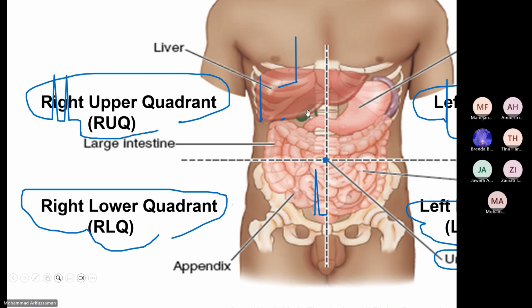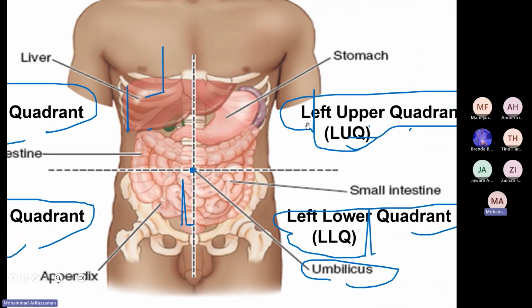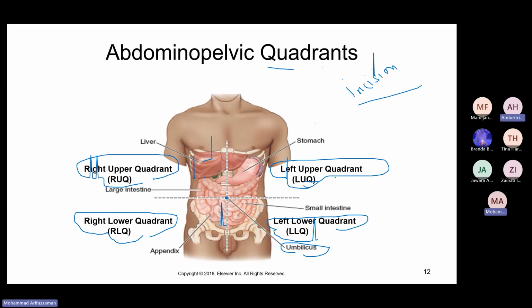Is it clear? And in the left upper quadrant, the most important organ is the stomach. So stomach-related problems will be in this area. If you can palpate any tumor, it could be from the stomach.